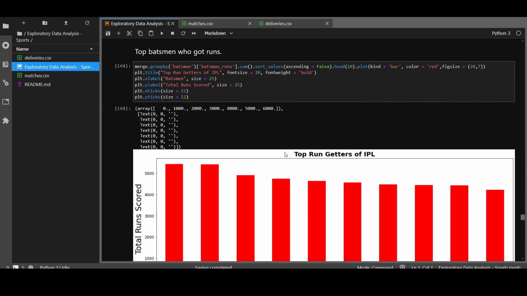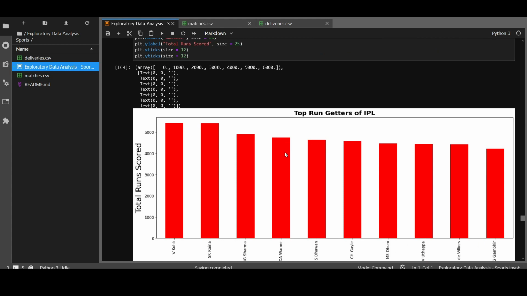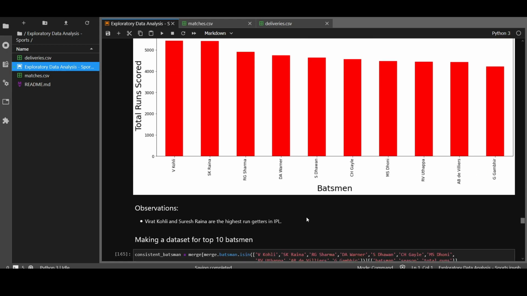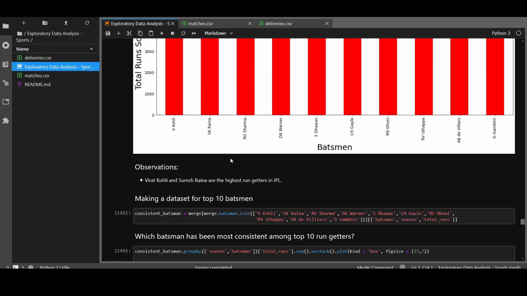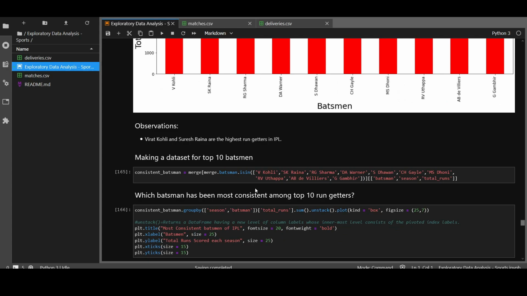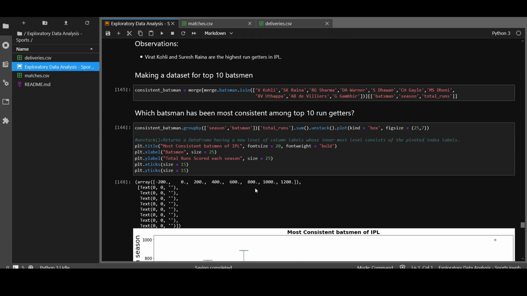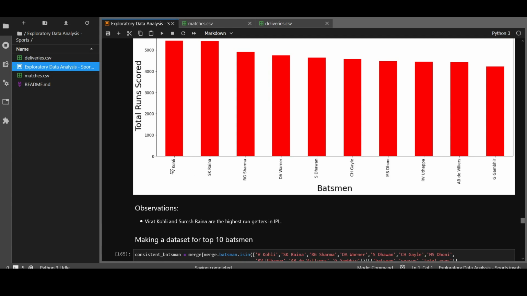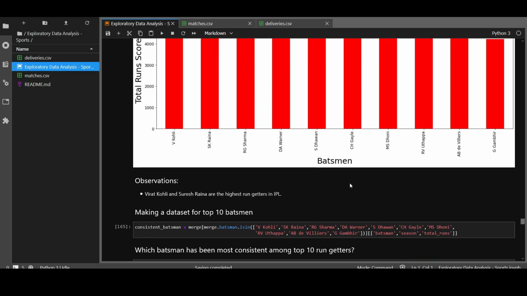The batsmen who got the most number of runs are Virat Kohli, then SK Raina, then RG Sharma. I've already stated the observation here. So I'm making another data set for batsmen who are consistent.